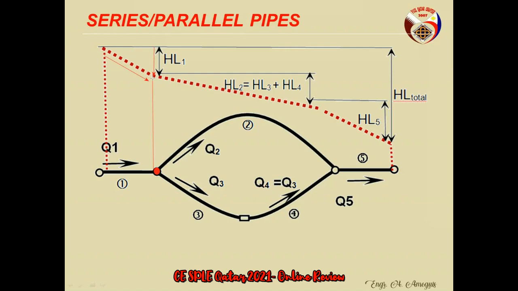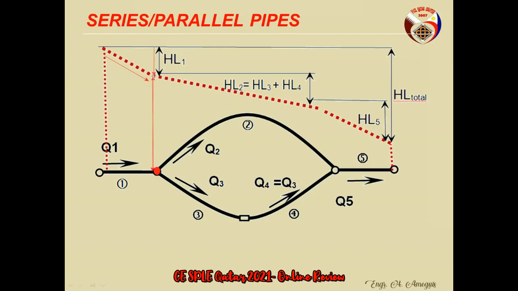Yung start ng pipe 2 at saka start nung pipe 3, do you agree na nasa the same junction ng end nung pipe 1? Do you agree na yung energy available to pipe 2 at saka yung energy available at the start nung pipe 3 is eto?